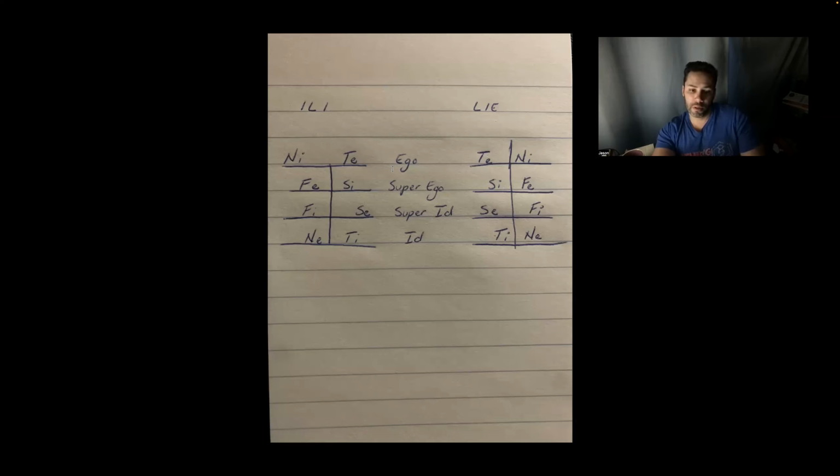What is going to be a bit of a separation here? The main sticking point, I think, just jumps right out at you right away. ILIs are known as one of the most introverted types out there, hands down. They're one of the most, by far and away, separated from everybody. To the point where they may even come across as being a bit schizoid, meaning that they just don't feel any desire to really interact much with people.